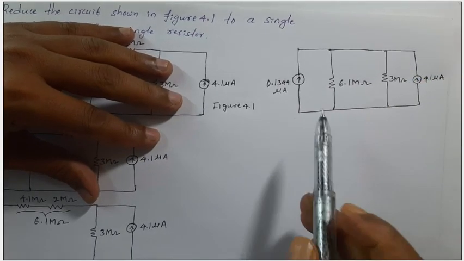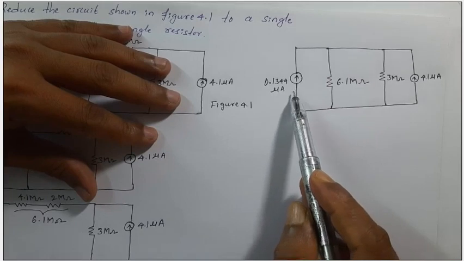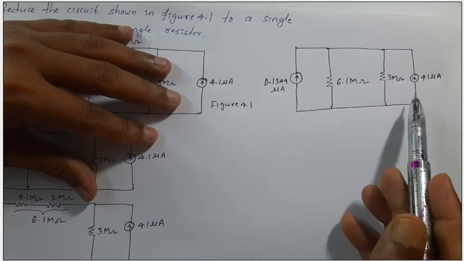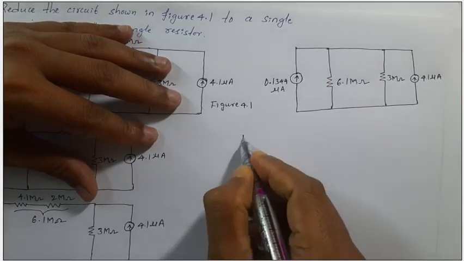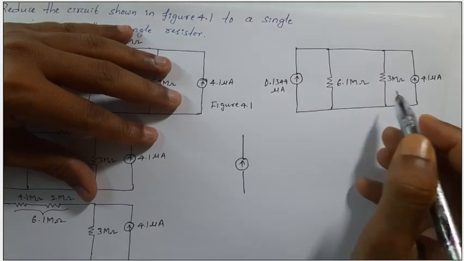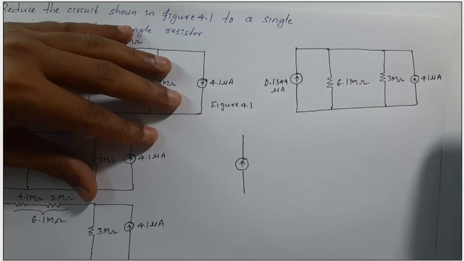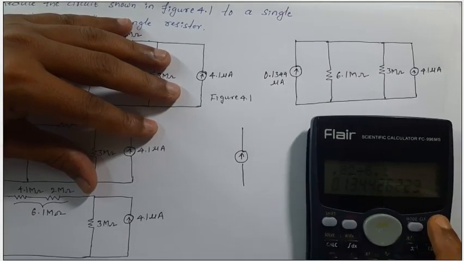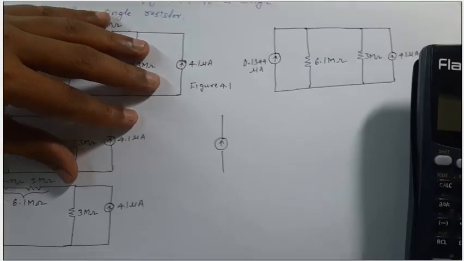Now dear students, these two current sources can be reduced to a single current source, and these two resistors can be reduced to a single resistance. So let us see this.